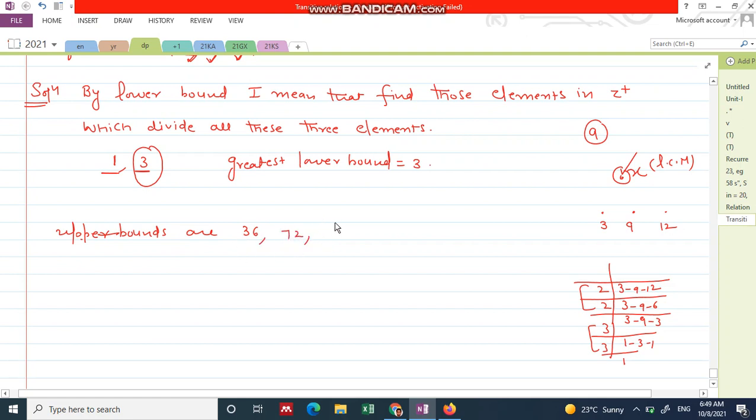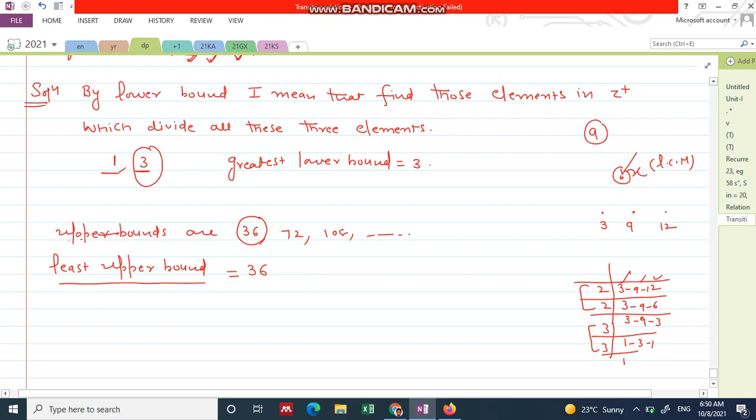Okay, these are the numbers to which all these three numbers divide. Okay, 108. But you see that if you want to find the least upper bound, then among all these select the minimum element. So what is the minimum element? Minimum element is 36. So 36 is the least upper bound.